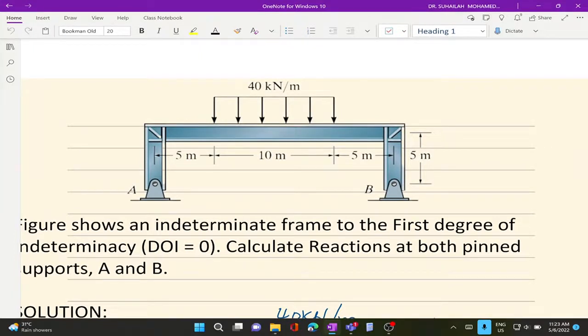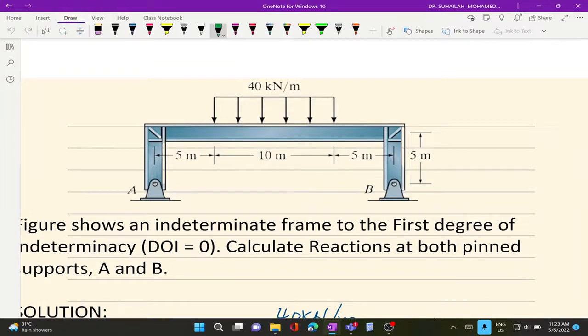So AB has been labeled at the support, and we have to continue to label this frame because by looking at this frame, we have to analyze how many sections we need. Okay, AB has been put into this diagram, so we have to continue to put another name to represent joint.